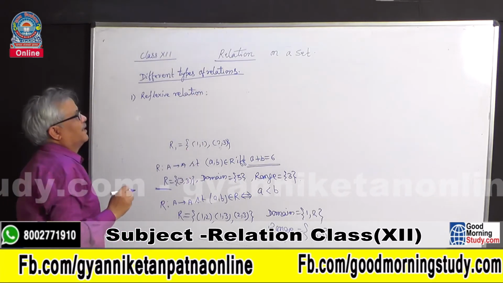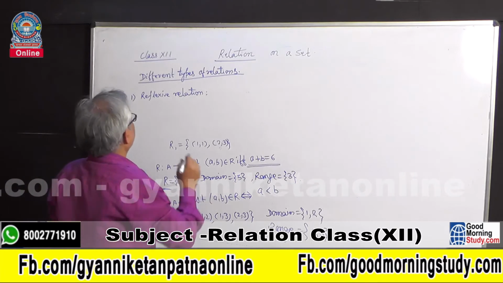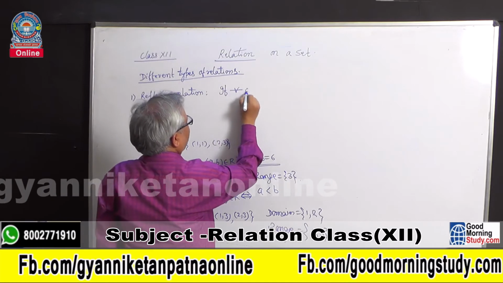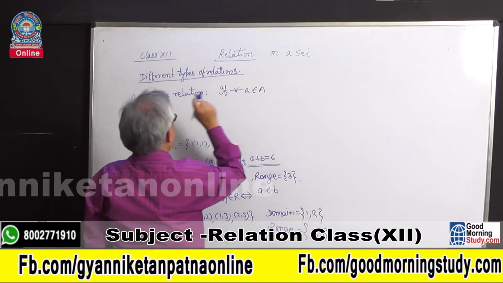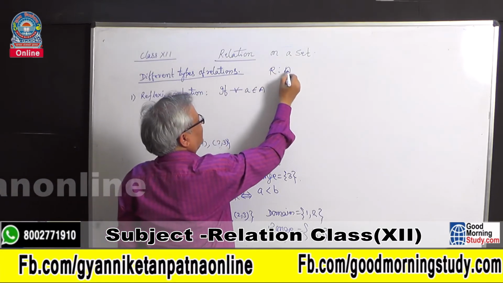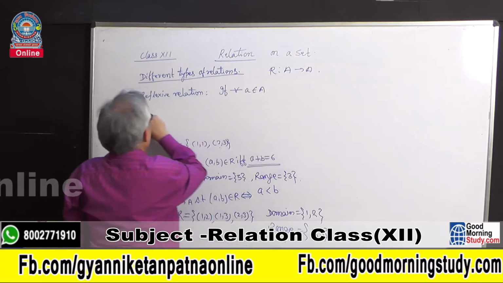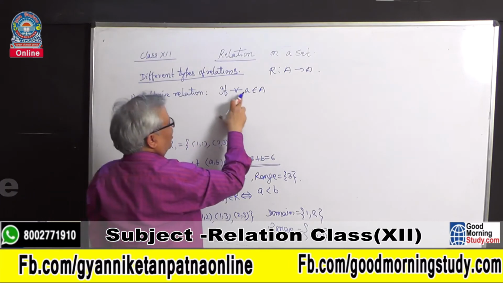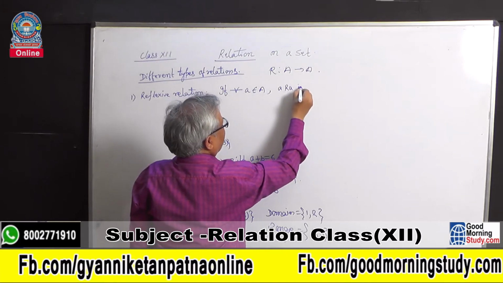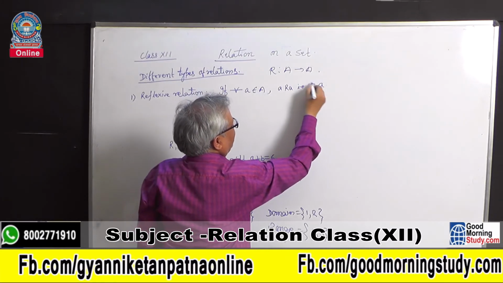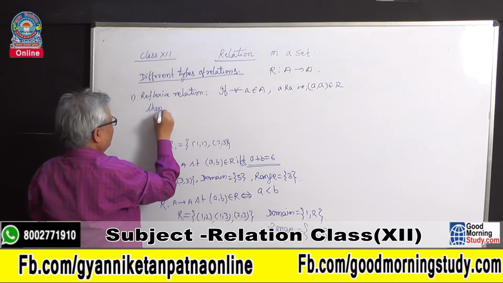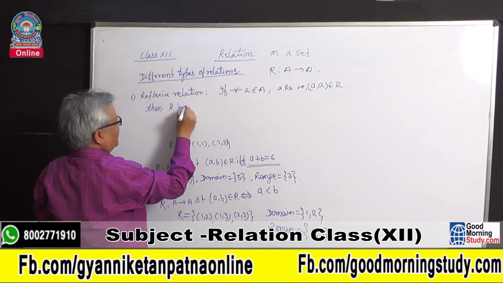Reflexive relation. Let R be a relation from the set A to A. If for all a belonging to A, a is related to a, that is (a, a) belongs to R, then this R is reflexive.